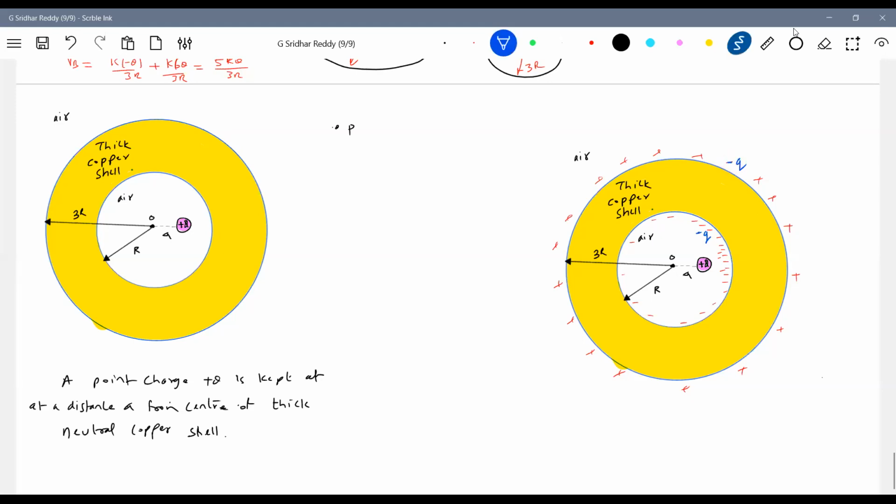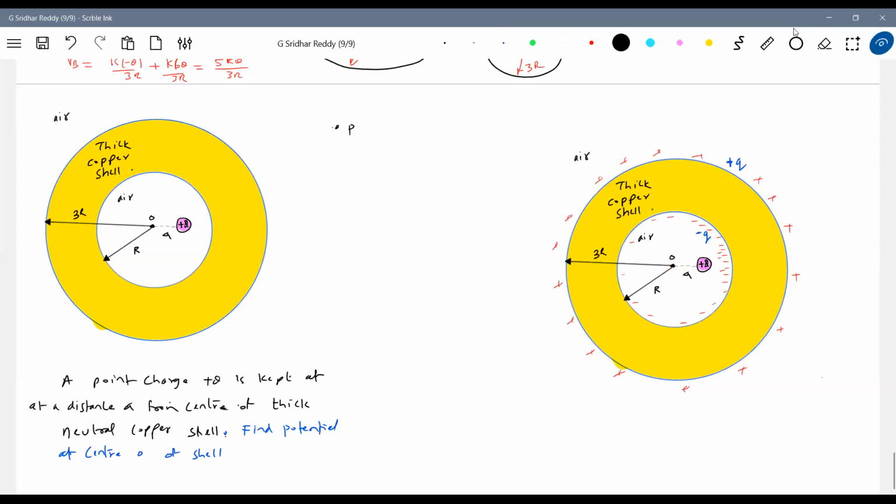Then what is the question asked? It asks us to find the potential at the center O of the shell. This will be a very difficult question. How do we get the potential at the center?